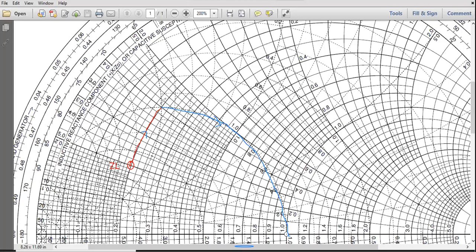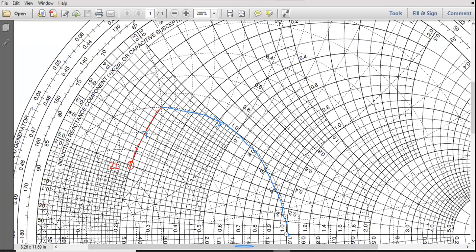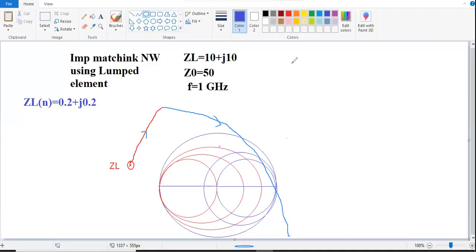And the second circle is what? This circle is the admittance circle. So second is what? Your parallel. So what will be your circuit? I'll just go on the circuit. So your circuit will be this way.